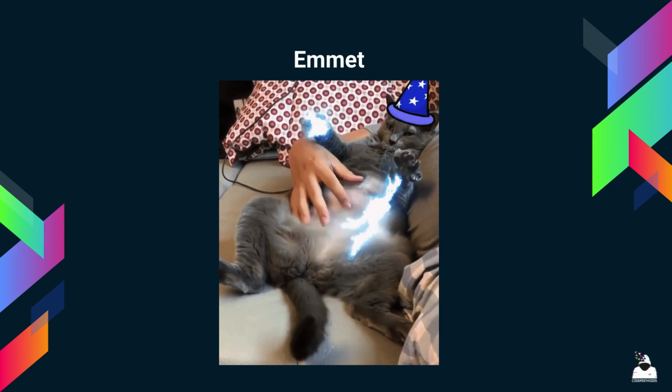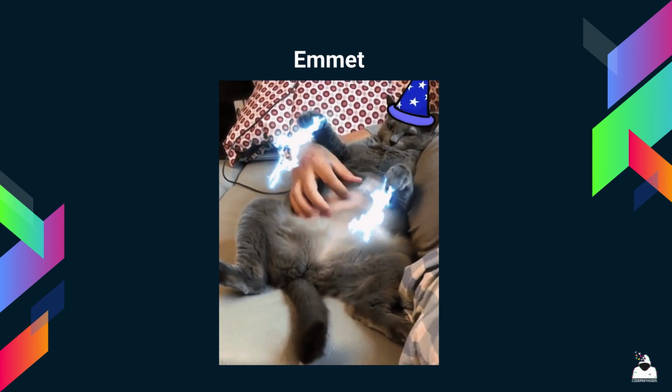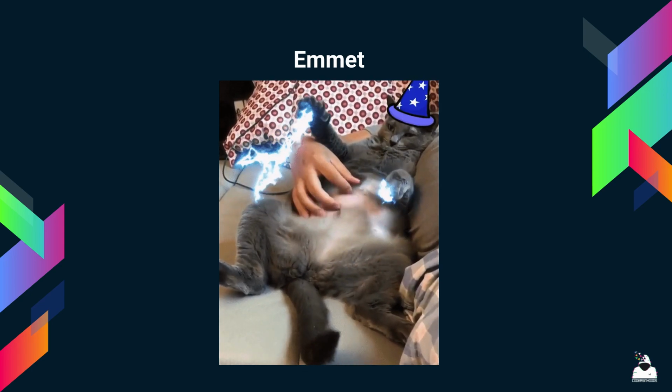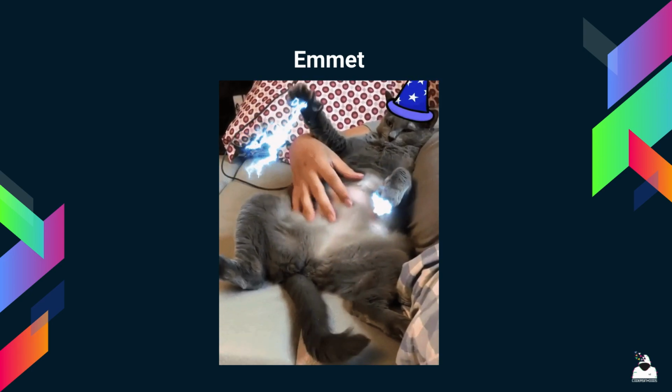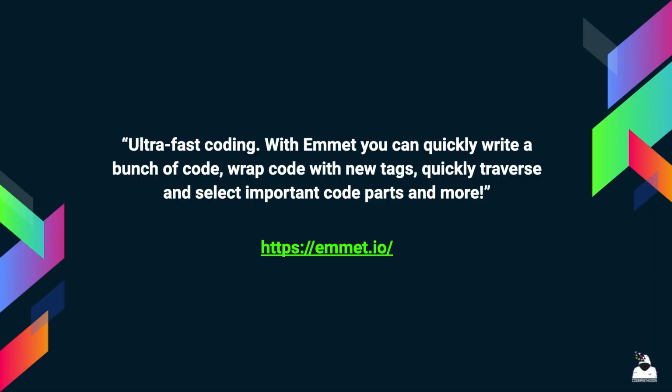Emmet. I don't know, have you used Emmet before? I take it as a no. So Emmet is ultra fast coding. You can basically write a lot of code in a short time. When I say code, I mean HTML.